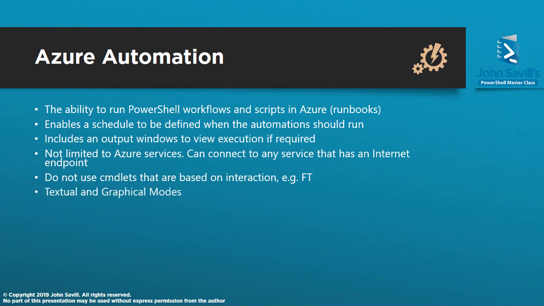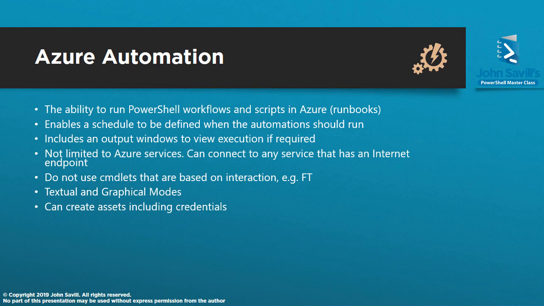Now, there are textual and graphical modes, and I'll show this in a second. It has its own sets of assets, including credentials, which on the back end is going to use Key Vault. Whereas I showed script in one of the previous modules to write to Key Vault and get from Key Vault, I don't have to do this here. It will just have its own native credential, and I can get that using a PowerShell command.